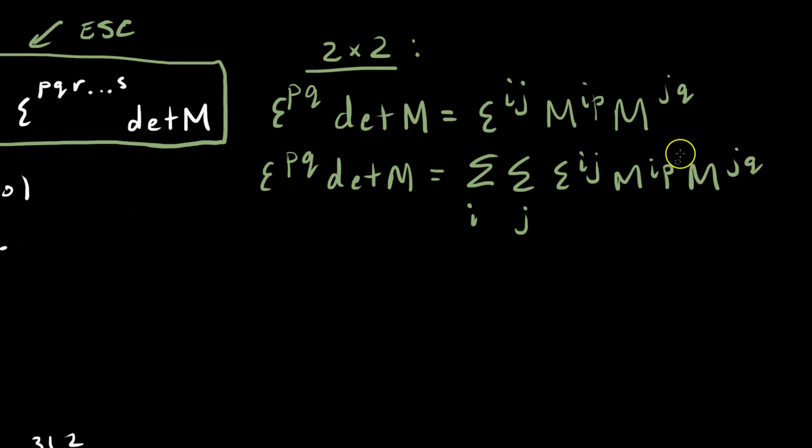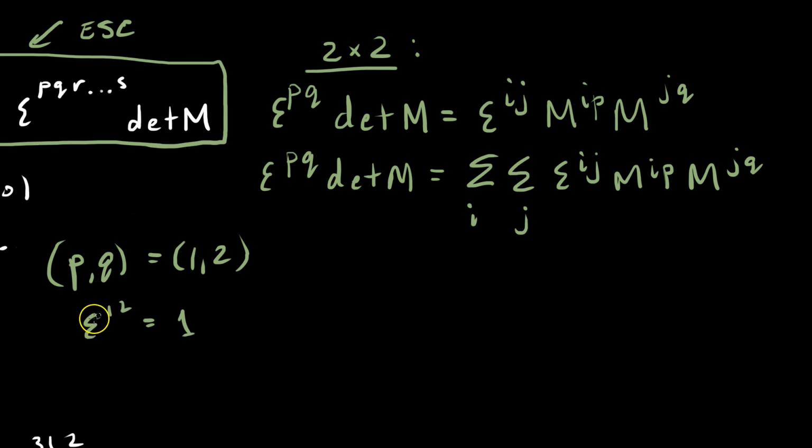Just for clarity, we know that P and Q are both free indices because they appear on both the right-hand side and the left-hand side, and they are not being summed over. Now let's take P, Q equal to 1, 2. So we get rid of this guy. Epsilon 1, 2 is obviously 1, because it's in order.